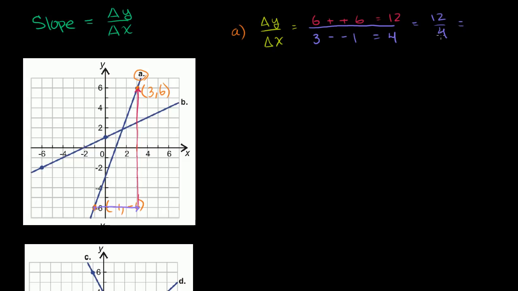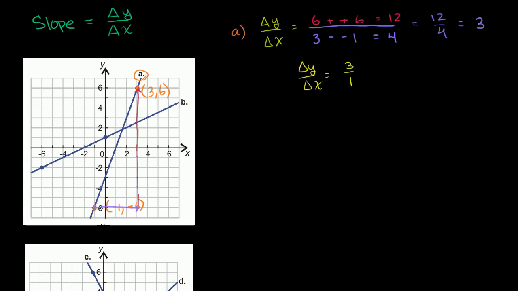Or if we want to write this in simplest form, this is the same thing as 3. Now, the interpretation of this means that for every one we move over, let me write it this way. Change in y over change in x is equal to 3, or we could say it's 3 over 1. Which tells us that for every one we move in the positive x direction, we're going to move up 3, because this is a positive 3, in the y direction.